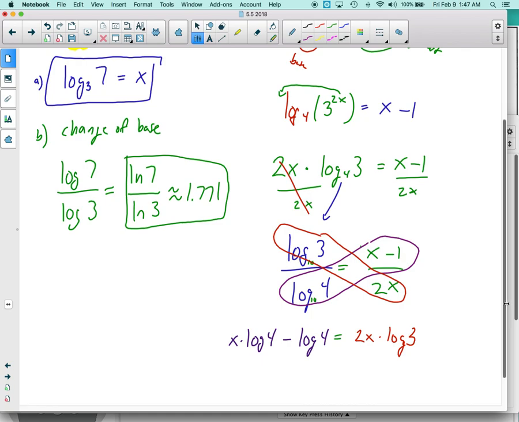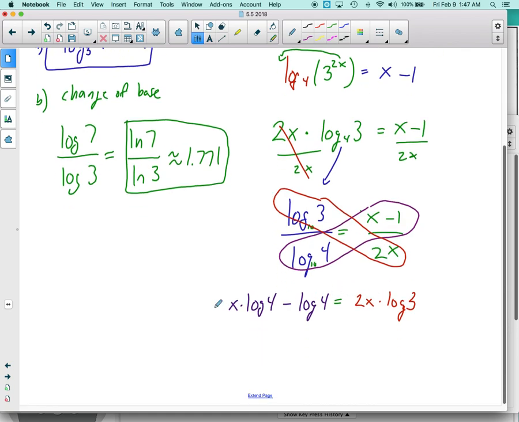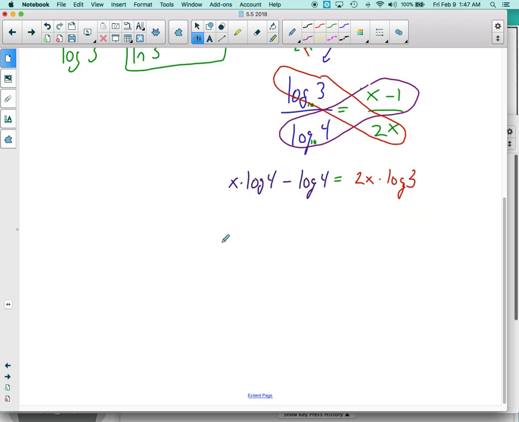Okay. What now? We still have x's on both sides of the equal sign, which is not awesome. But we can get them onto the same side by subtracting one or the other to the other side. It doesn't really matter which way you go. I'm going to move this log of 4 to the right because I'm going to make it positive.